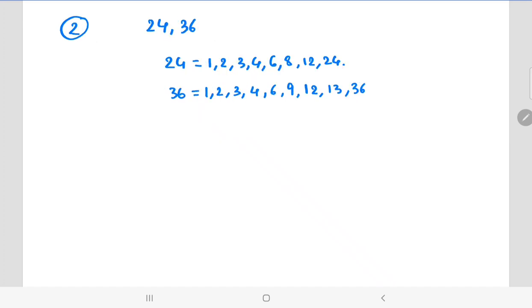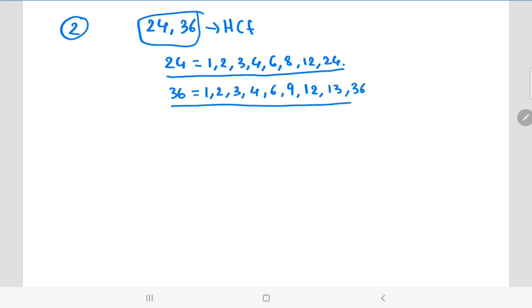So let me take another example. That is, let us find out the HCF, highest common factor, of 24 and 36. So if you just see, the first step that you need to do is, you need to list down all the factors of 24 and 36 separately. So the factors of 24 are here and the factors of 36 are these.